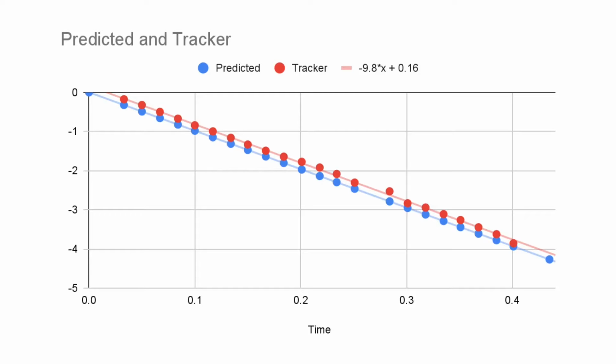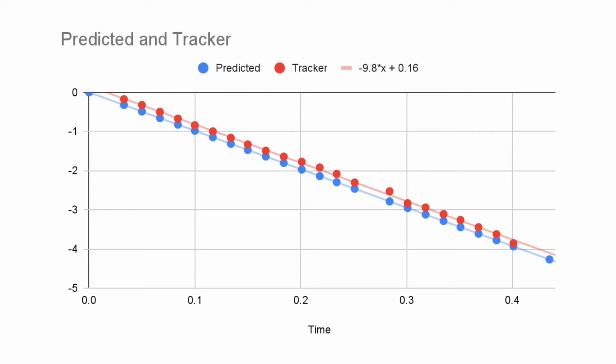So here is a graph of the y position of the motion we just looked at, and the predicted line is just 9.81 times time, or g times time, and the red line are the numbers that we got from Tracker. And as you can see visually, the numbers are very close in terms of slope to the predicted slope of 9.81.